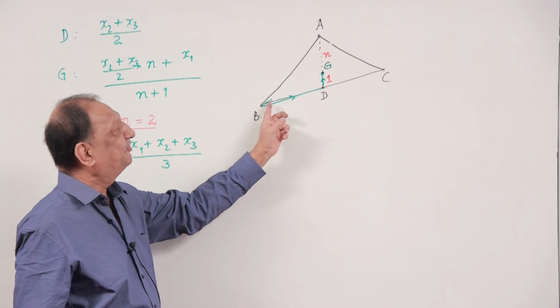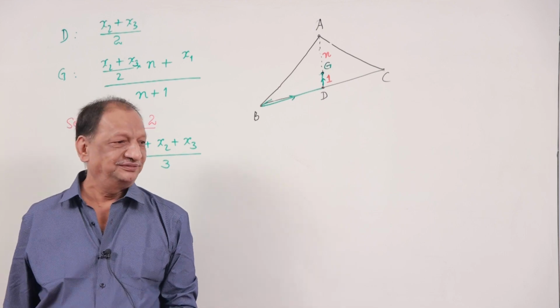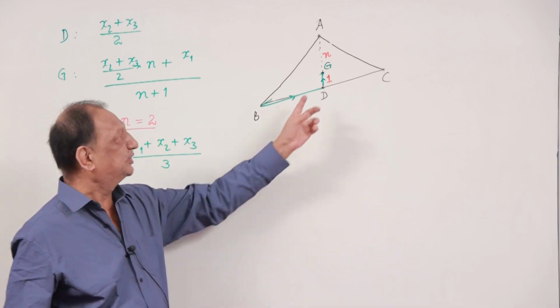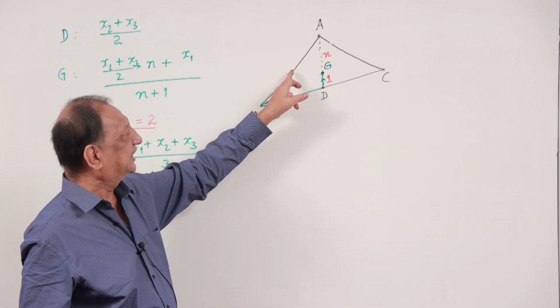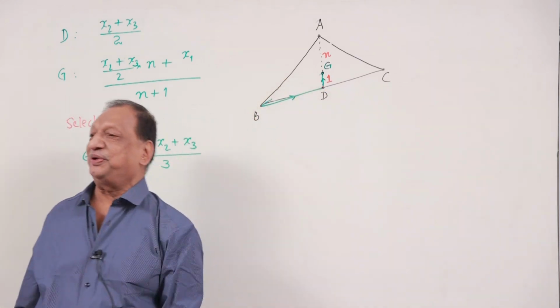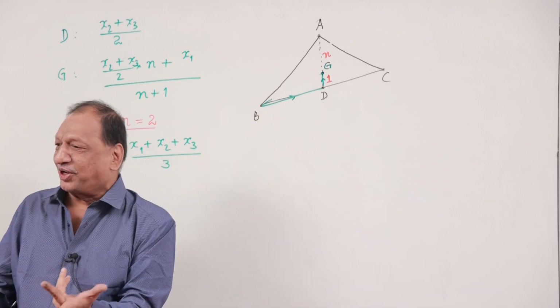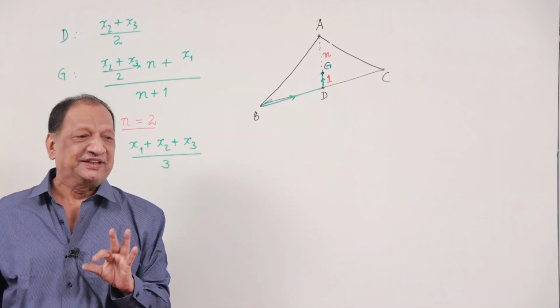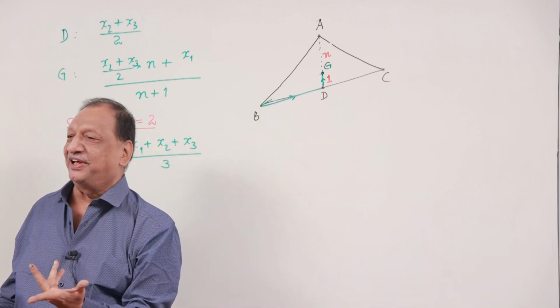which means now you can see the median from B must go through G. There is no choice. And it will be 1/3 of the way from the center of AC. Similarly, the median from the center of AB must go through G, the same point. Because that point is common, it is for all the three medians. Therefore, medians are concurrent. I have not even drawn a single median.